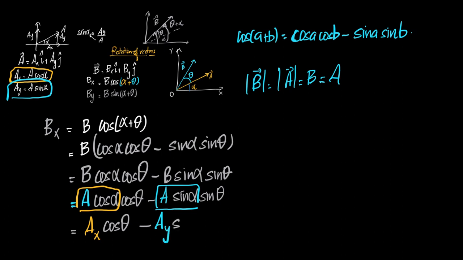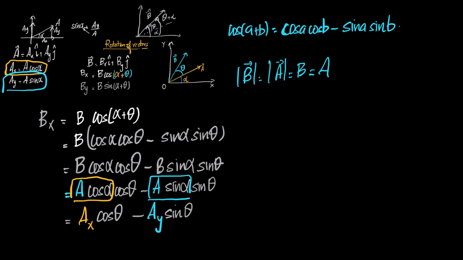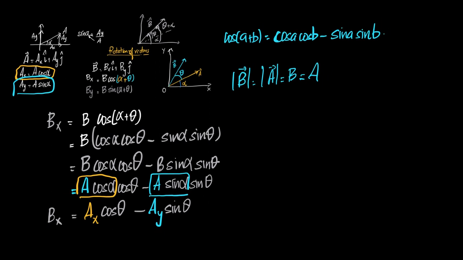So this becomes ay sin theta. Going on further, bx can be written as ax cos theta minus ay sin theta.